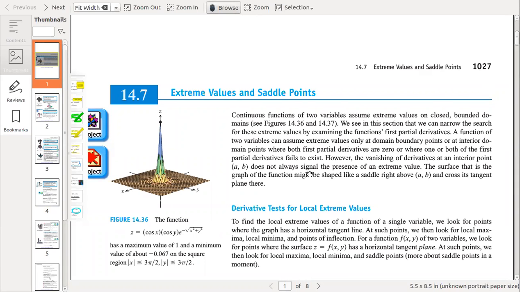However, the vanishing of derivatives at an interior point (a, b) does not always signal the presence of an extreme value. The surface, that is the graph of the function, might be shaped like a saddle right above (a, b) and cross its tangent plane there.